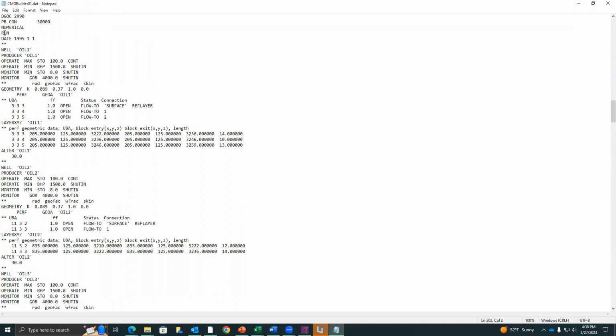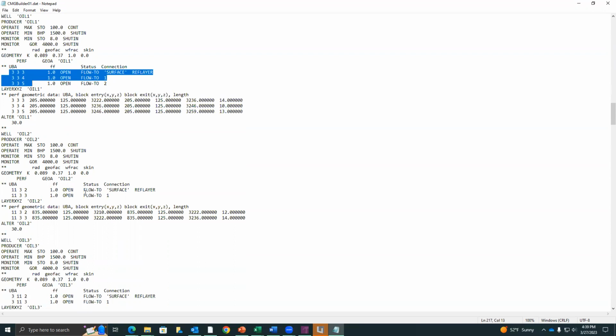right, let me start from here. This one we run the simulation. So I think it began on the 1st of January 1995. This is for oil well 1. We had the constraints here. We changed the radius. We had perforations, and its flow rate was 30 cubic meters per day.